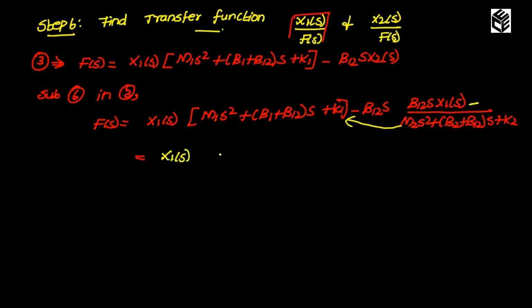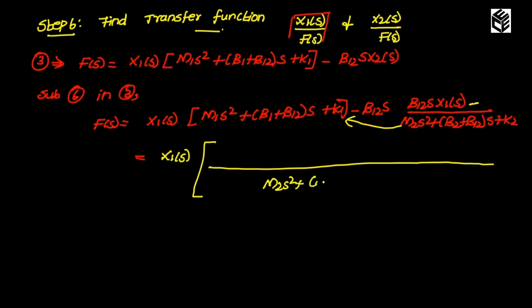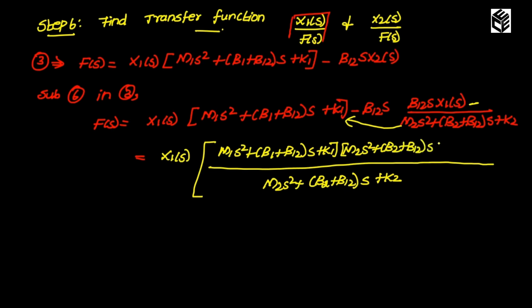So that is X1(s) into, with the denominator (m2 s² + (b2 + b12) s + k2), and the numerator is (m1 s² + (b1 + b12) s + k1) multiplied by (m2 s² + (b2 + b12) s + k2) minus, multiplying these two, (b12 s) the whole square.